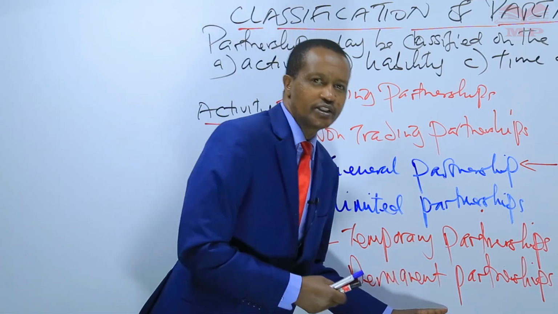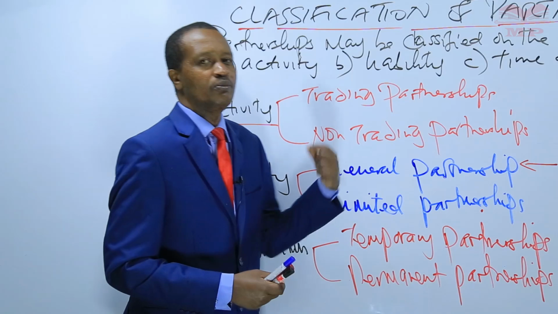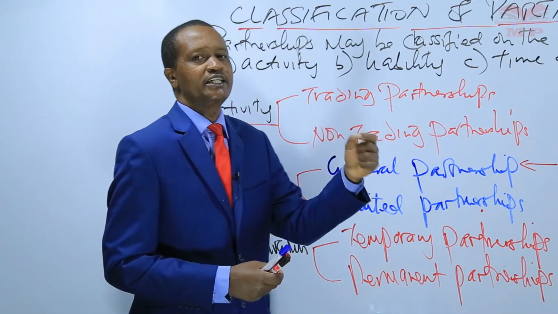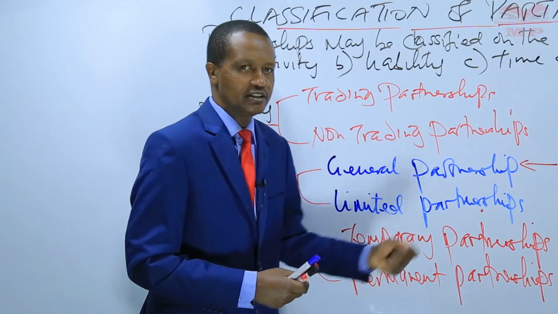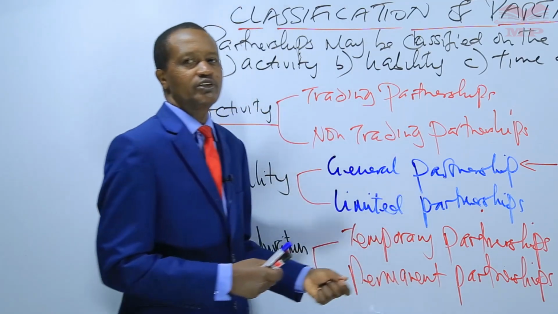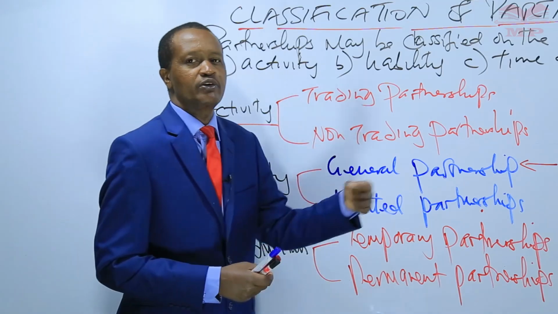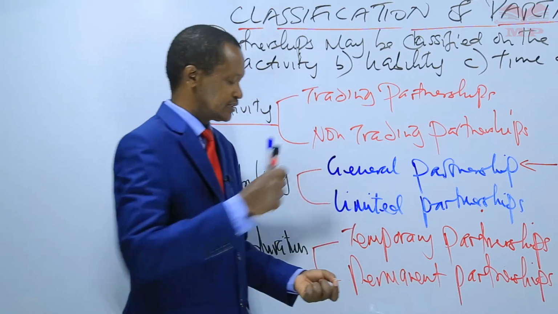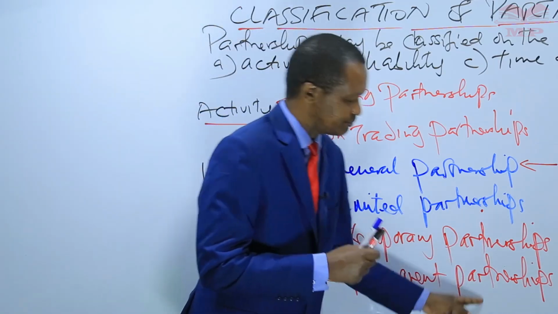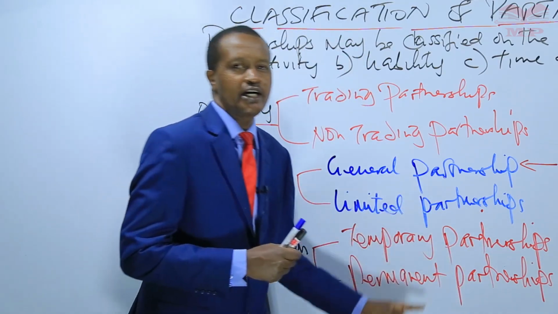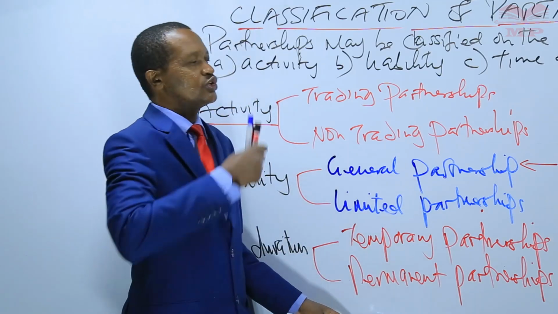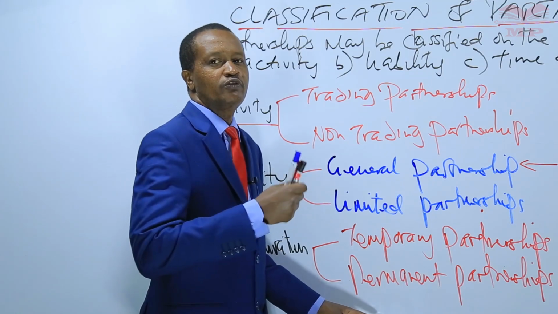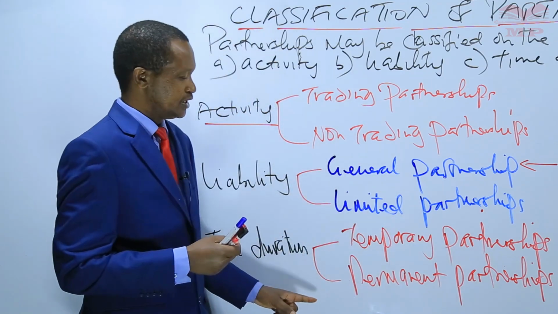A permanent partnership, on the other hand, is formed to carry on its activities indefinitely. It does not have a specific period of time or life for fulfillment of its purpose. There is no specific period of time or fulfillment of a certain purpose for it to be dissolved.